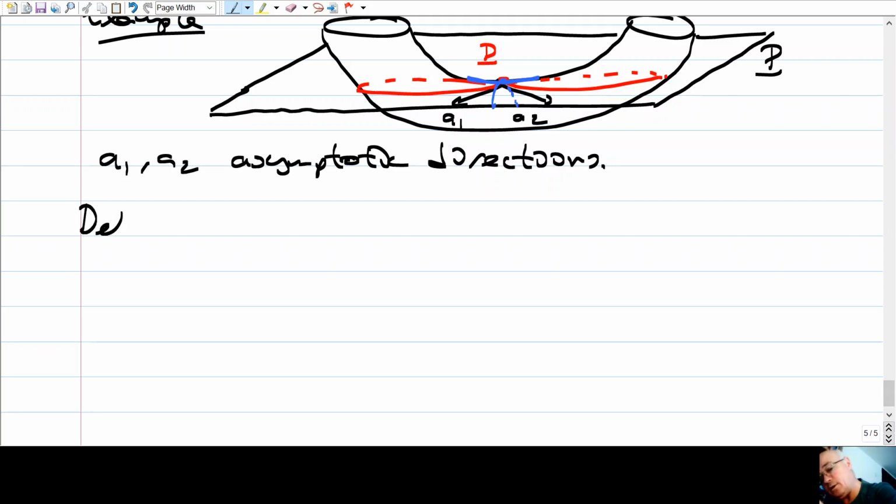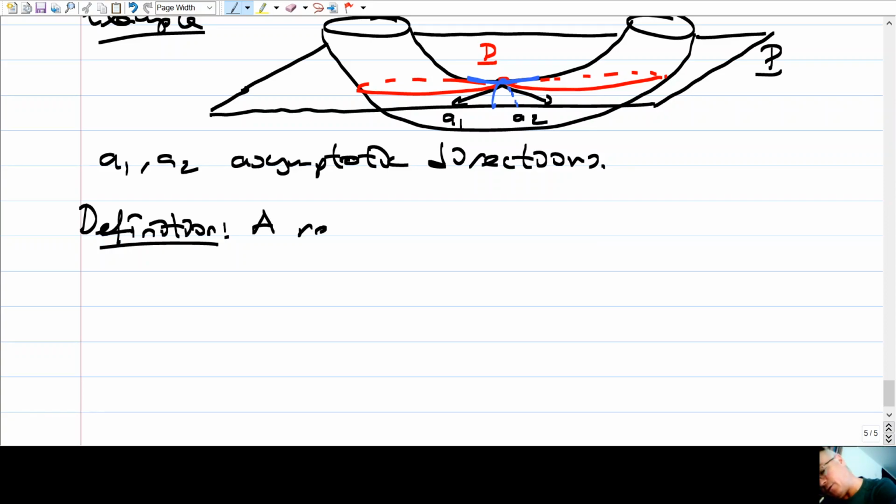Now let me give the definition of asymptotic curve. We defined asymptotic direction, but we haven't defined asymptotic curve.